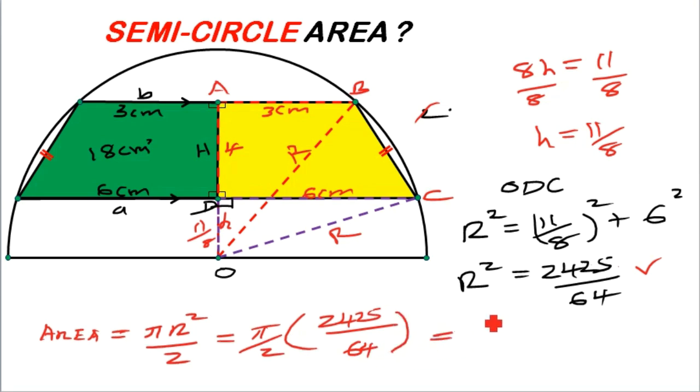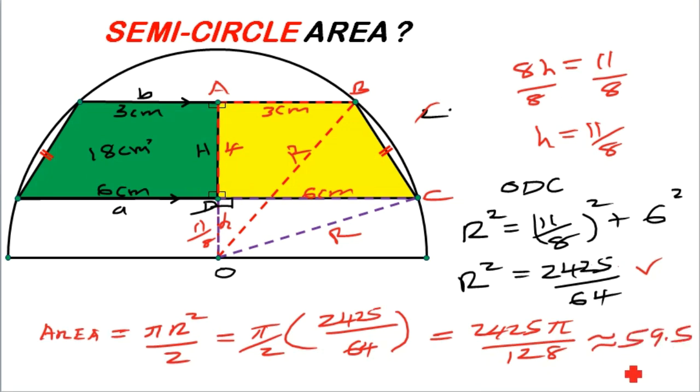So if you multiply that, you get 2425 pi over 2 times 64, which is 128, and that is approximately 59.5 centimeters square.